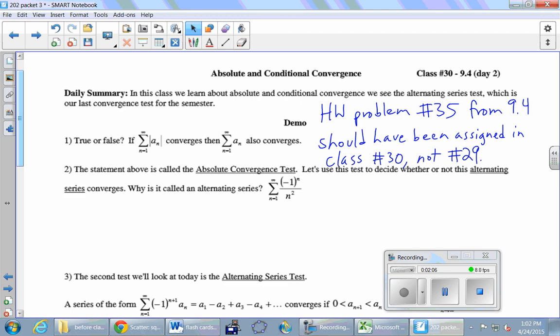But suppose you do have some with plus signs and some with minus signs. When you take the absolute value of every single term, which is what the first series says, they're all plus signs now. Suppose you add all of these up forever and it converges. It's something finite. Now suppose that you allow some cancellation. You bring these negative signs back in like in the second series. Will it still be finite or might it be infinite?